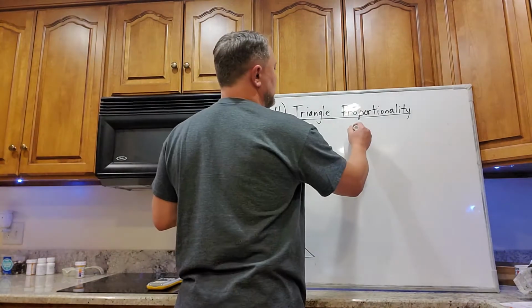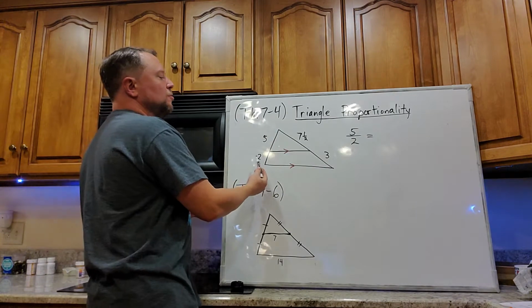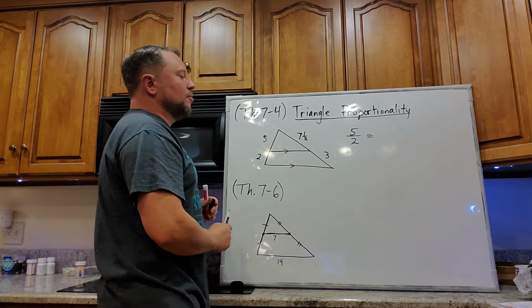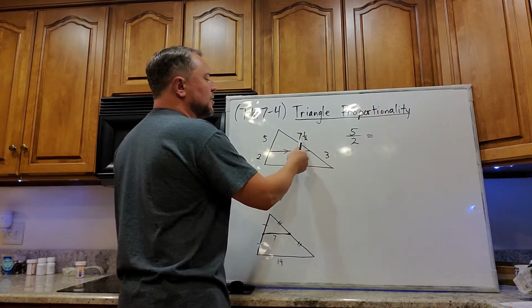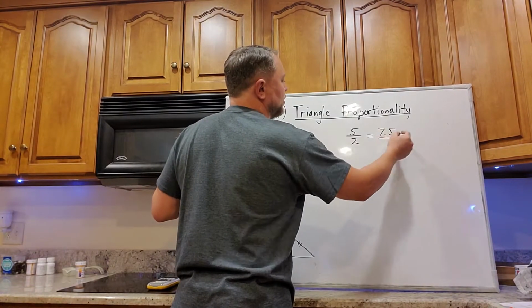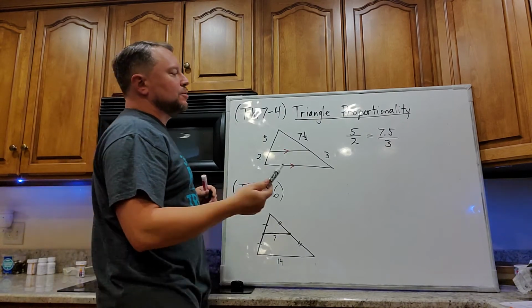So in this picture, I know that 5 over 2 will be equal to the same pattern over here. I went top over bottom, so I'm going to put top over bottom here: 7.5 over 3. Now I can do some math.